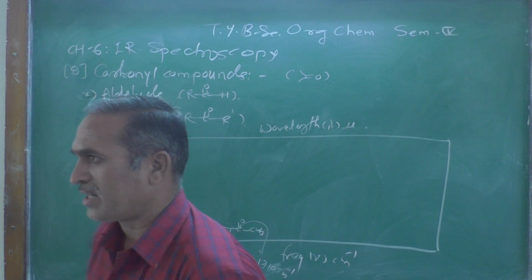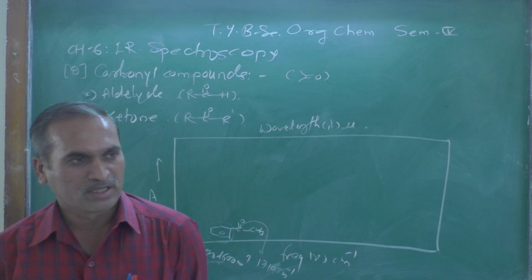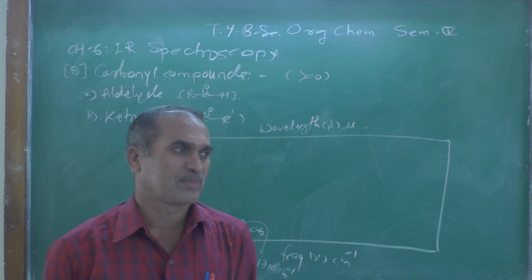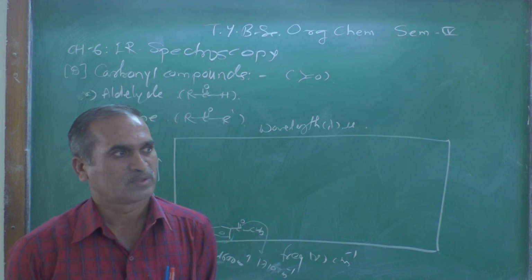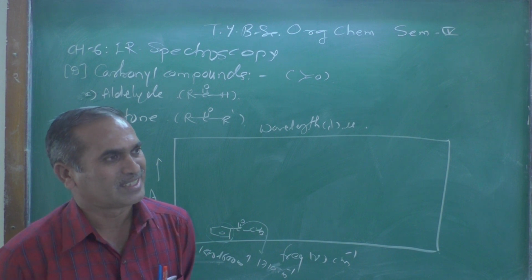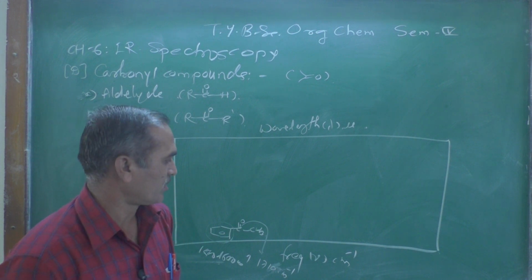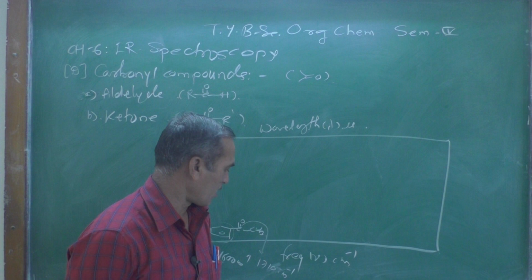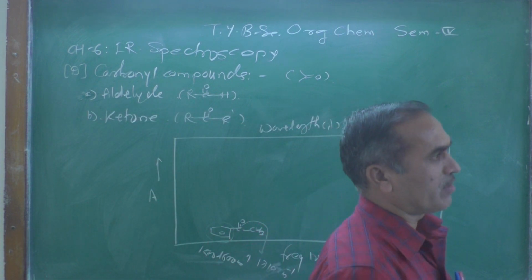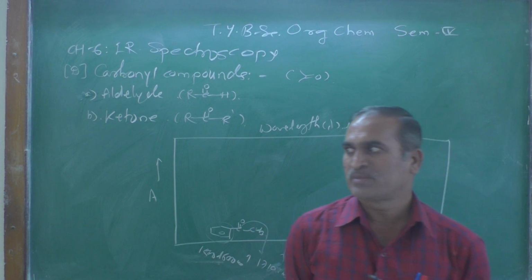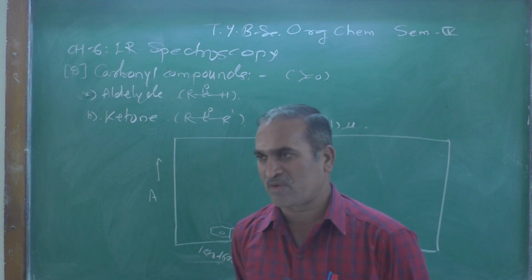The reason behind it, the factors affecting the carbonyl group, we will study later: why there is a decrease in the carbonyl stretching frequency, or sometimes a rise in the stretching frequency.